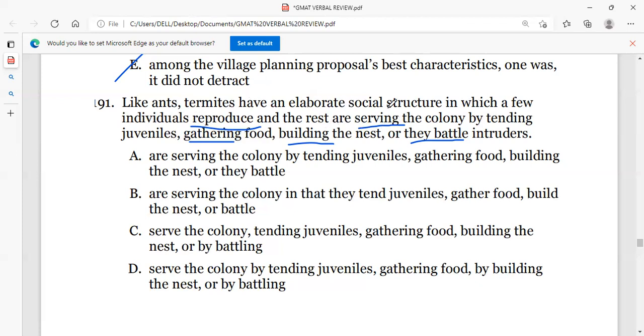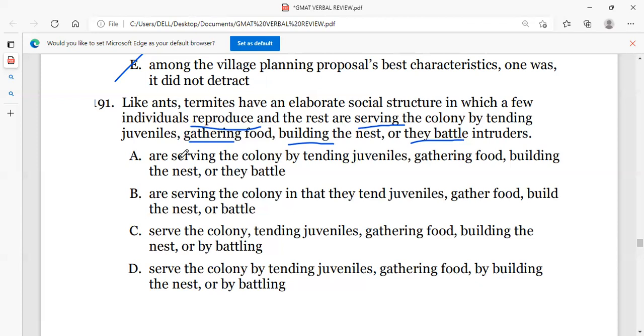The rest are serving is present continuous, which basically means something which is happening now, but we don't know whether this will continue or not. But that is not the meaning, right? They are talking about something which is universal. So there are some individuals who have the function or objective of reproducing, and there are others who have the responsibility of the other functions, right? So this is simple present, serve, universal truth. Serve, gather, build.